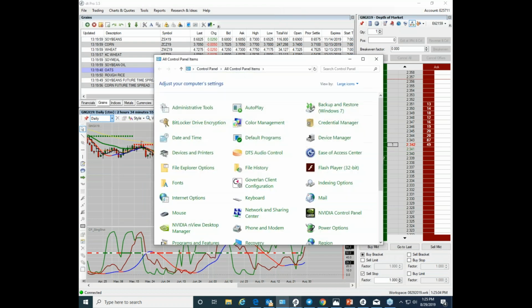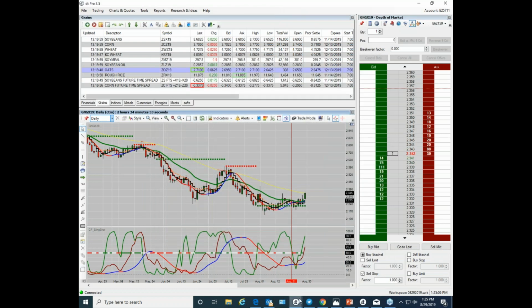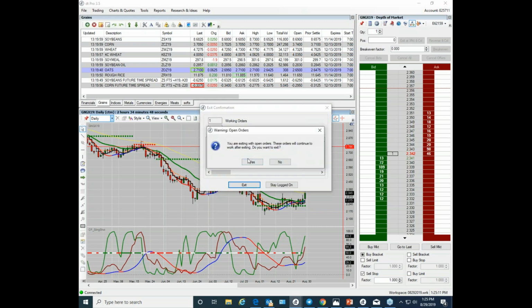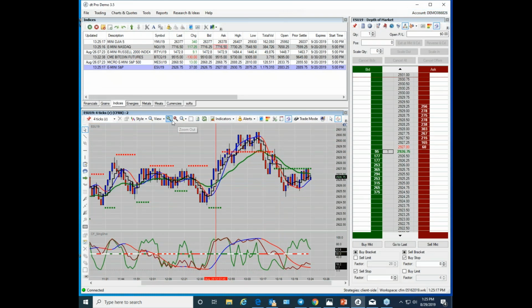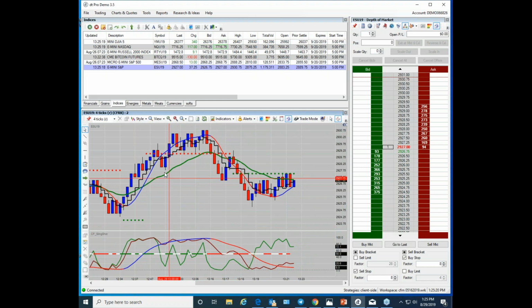I'm going to shut my live platform down. Stand by. Exit. All right, so I'm in demo mode. See that right there? So we'll just start with the S&P mini.